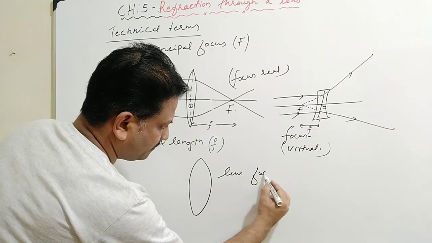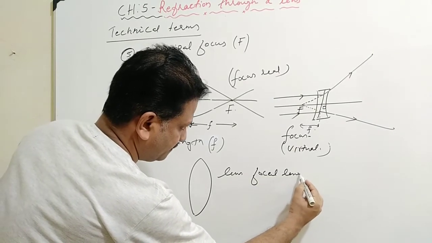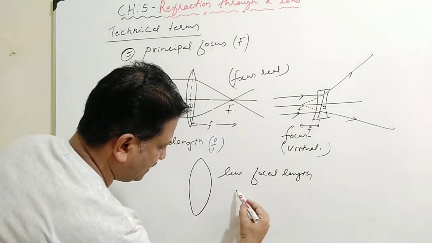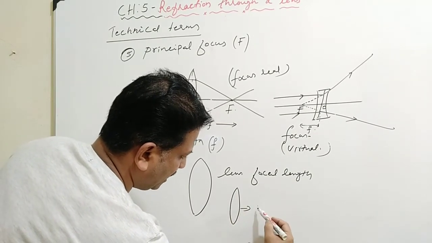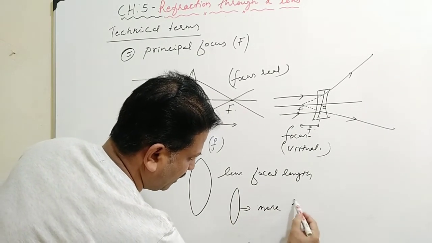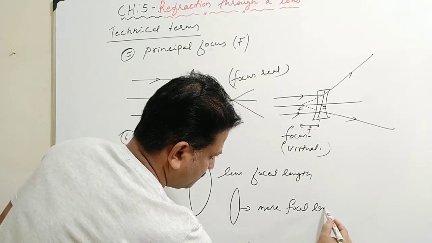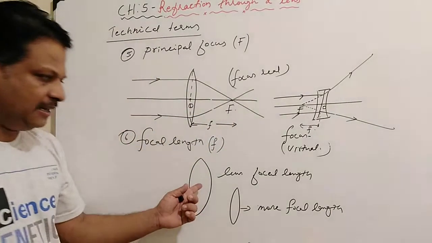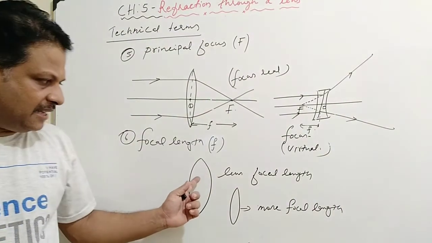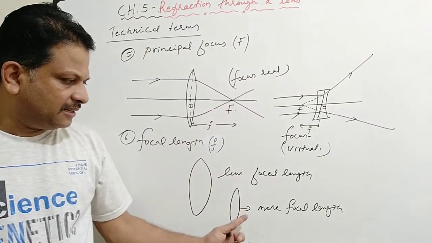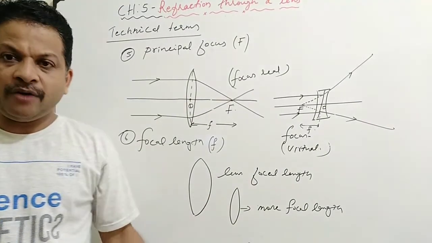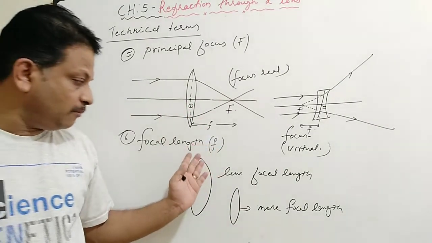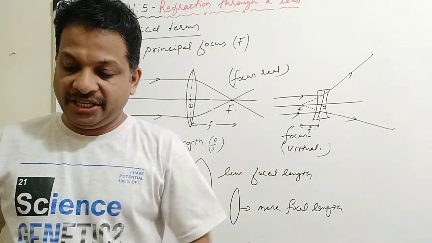If you consider a thin convex lens, it has more focal length. So remember that a thick lens has less focal length than a thinner lens, provided both are made of the same material. Clear?